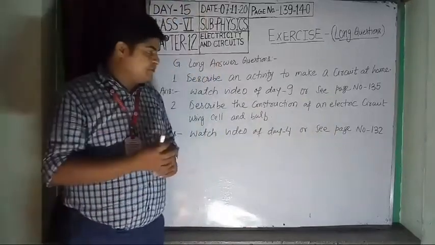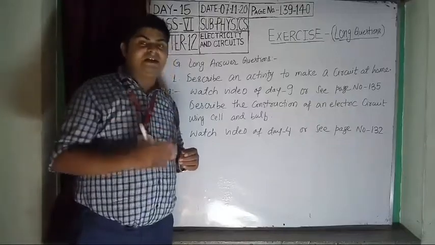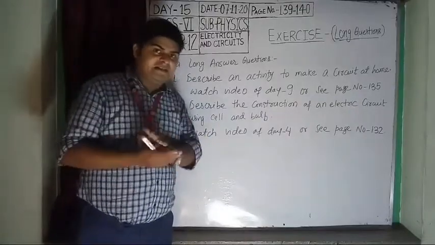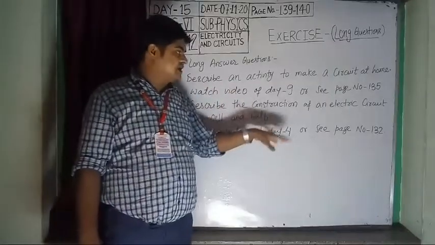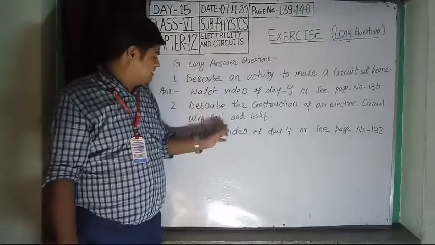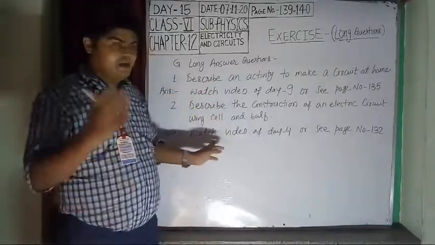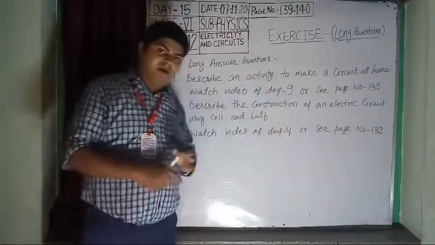There is an activity number 2, in which it is explained how to construct an electric circuit with the help of a bulb and cell. So you will copy from activity 2, page number 132.